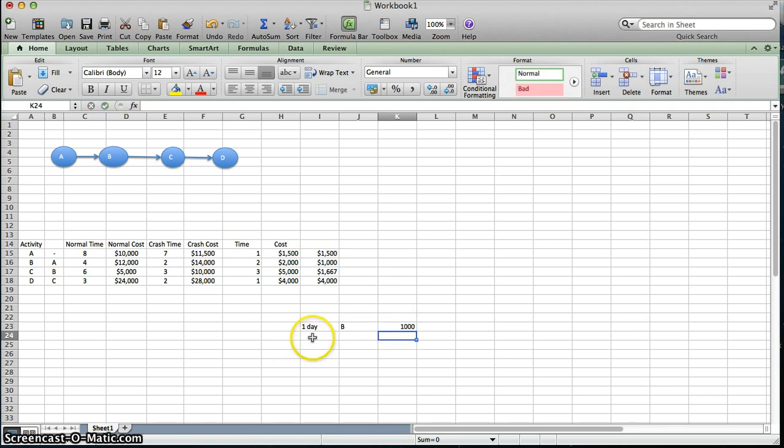But let's say I want a second day. Well, remember, we can crash this 2 days. We only crashed it 1, but we can go ahead and crash it another day. So we would do activity B again because, once again, it's still the cheapest option.